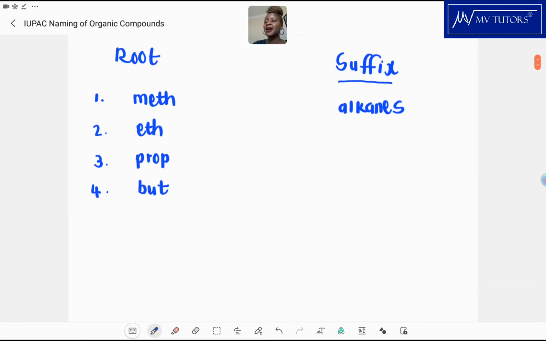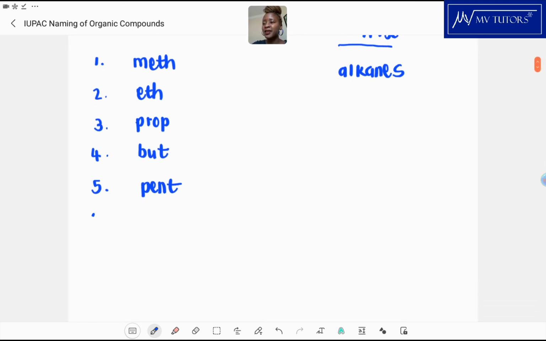Then you have pent. It's easy to remember because of a pentagon. Six is also easy to remember, it's hex. Seven is hept. Eight is oct. Like petrol, going back to the hydrocarbons, it'll be octane.